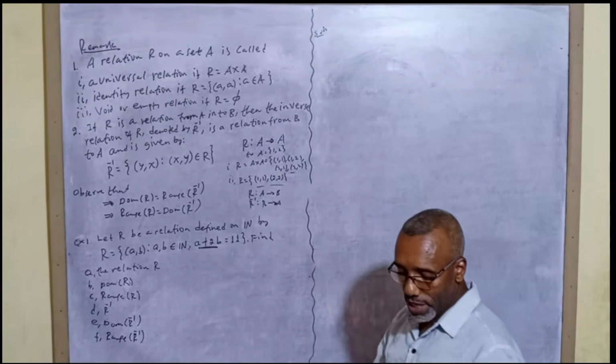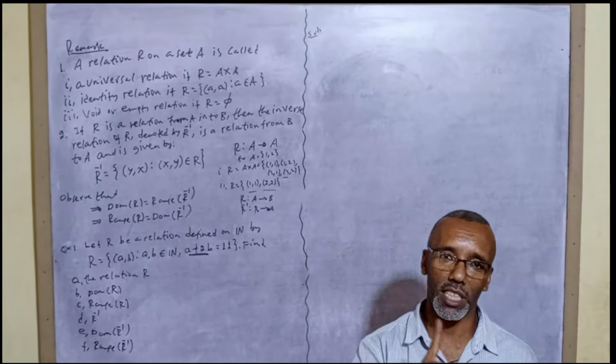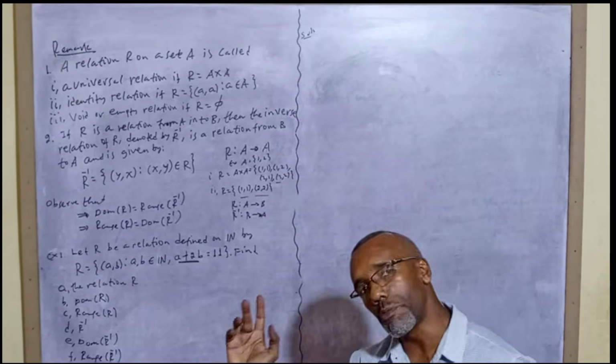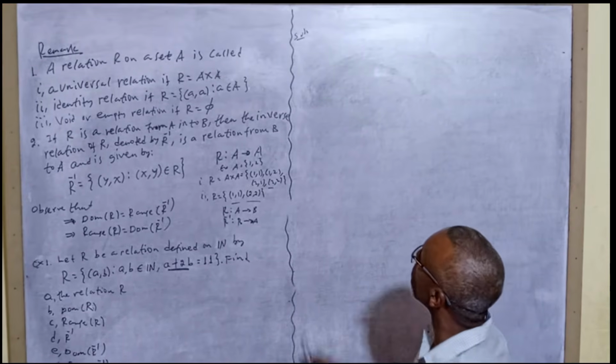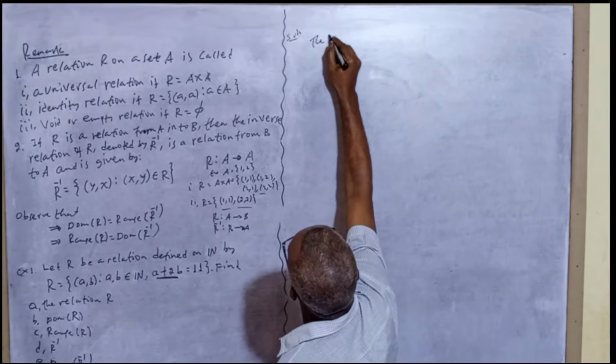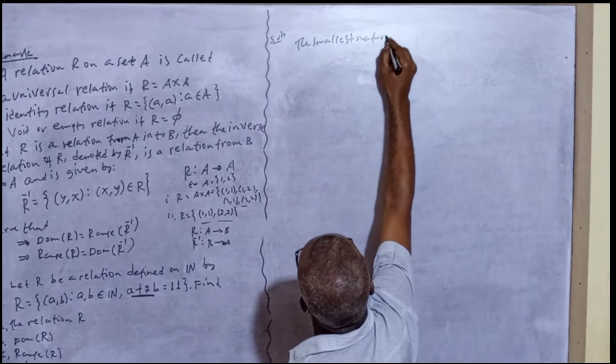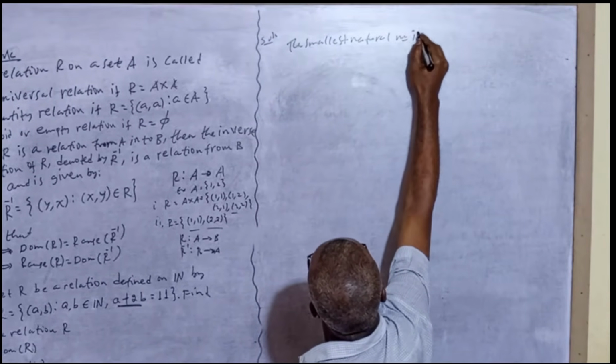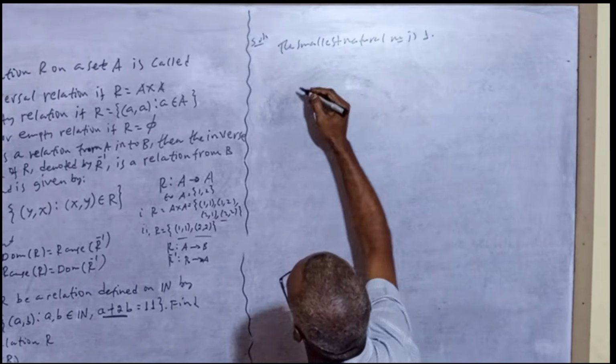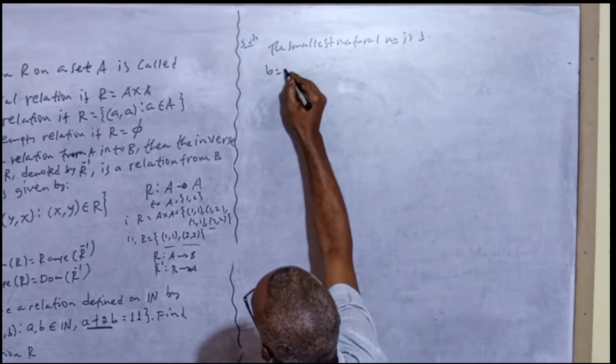What is the smallest natural number? It is 1. Natural numbers start from 1 and go 1, 2, 3, 4 and so on. So the smallest natural number is 1. Let b be equal to 1.